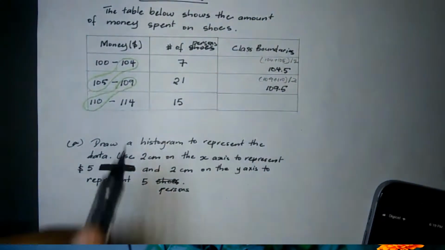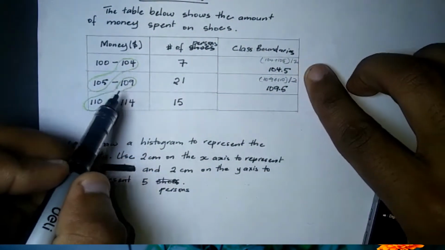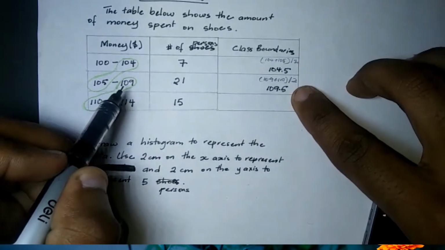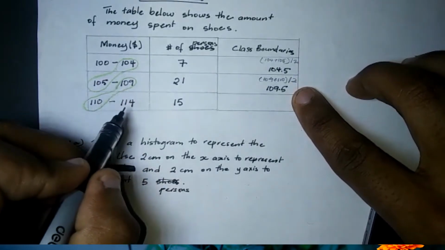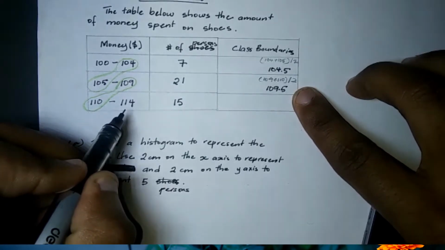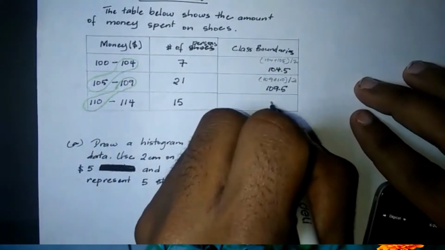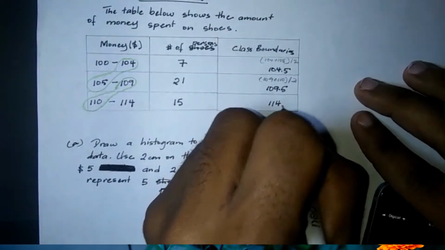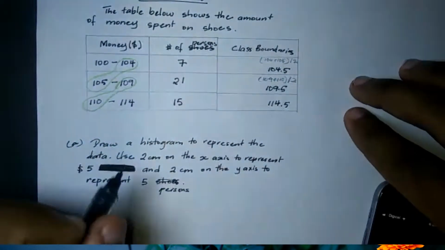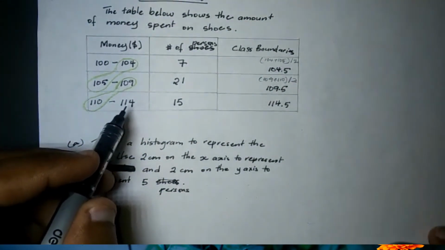If you notice, 104, 104.5, 109, 109.5. This is 114. What do you expect it to be? You're correct. 114.5. So if you notice, we're adding 0.5 to our upper class limits.